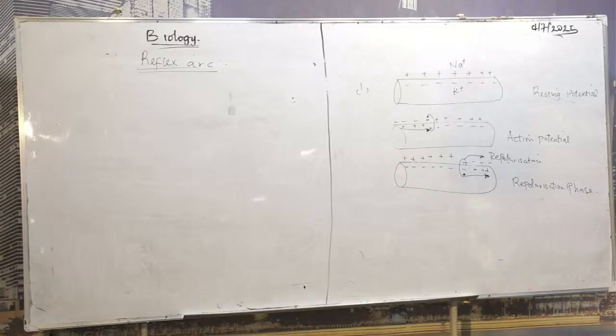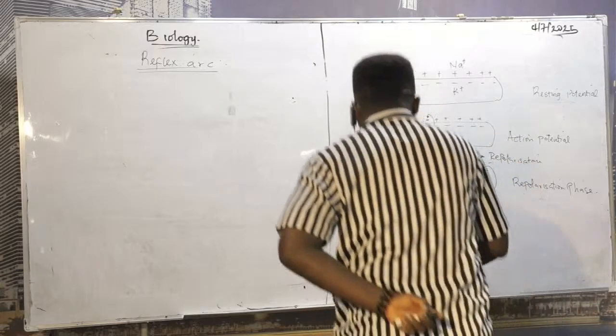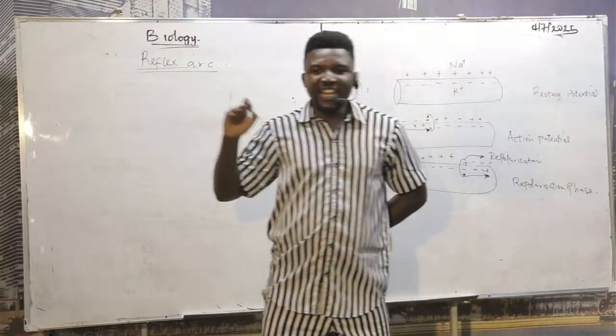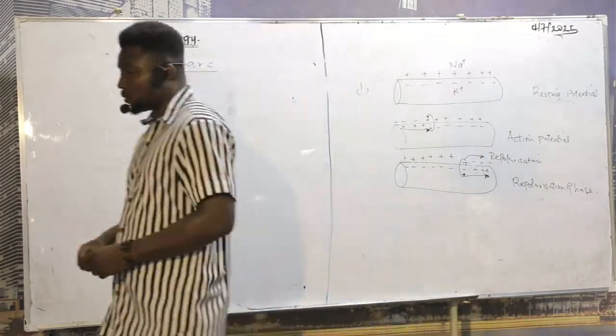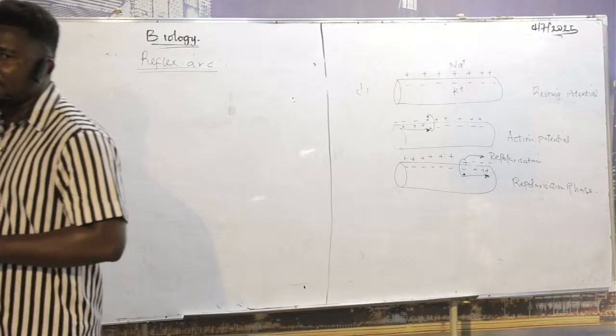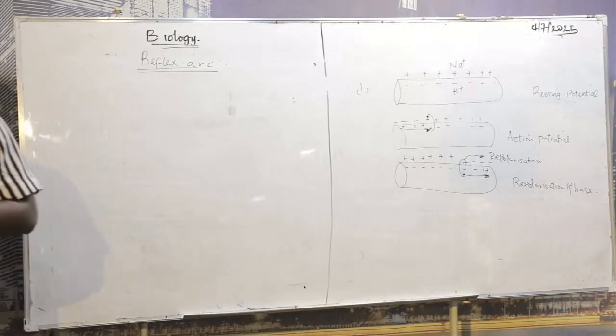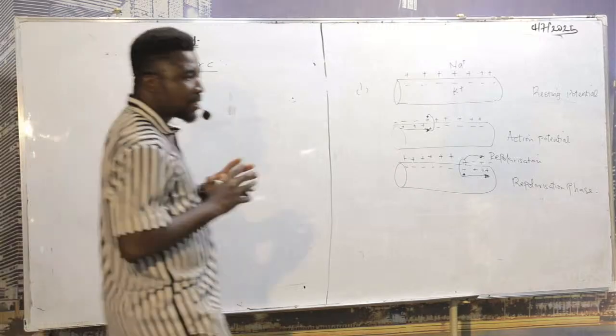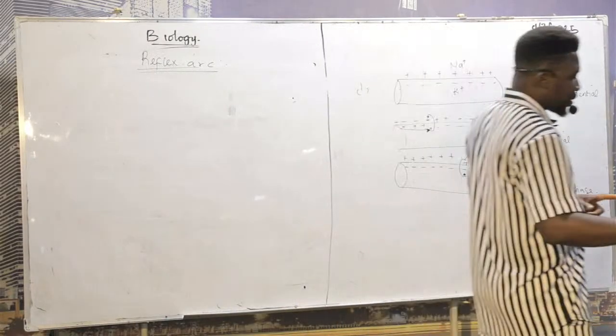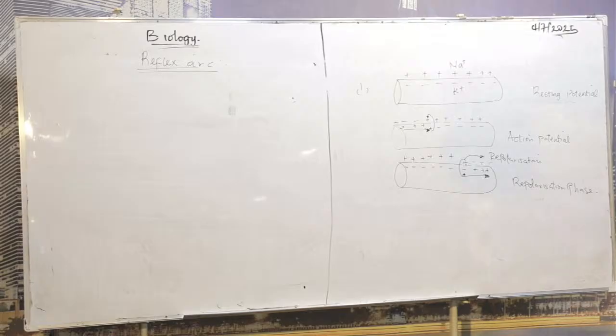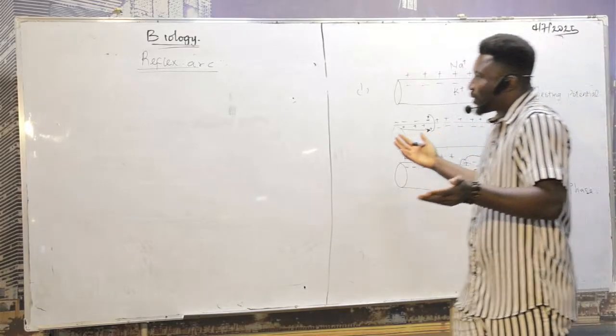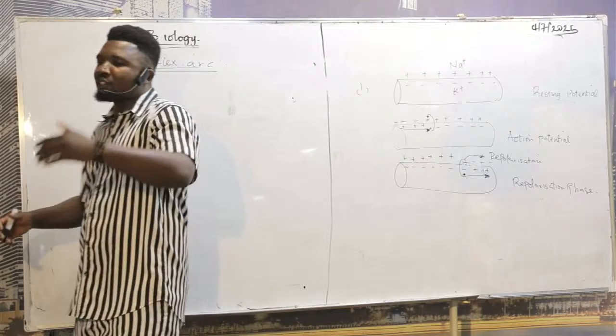During its transmission. A reflex arc is the pathway taken by the reflex action during its transmission. You can call it transportation, anyone you want. Now, components of the reflex arc, number one.